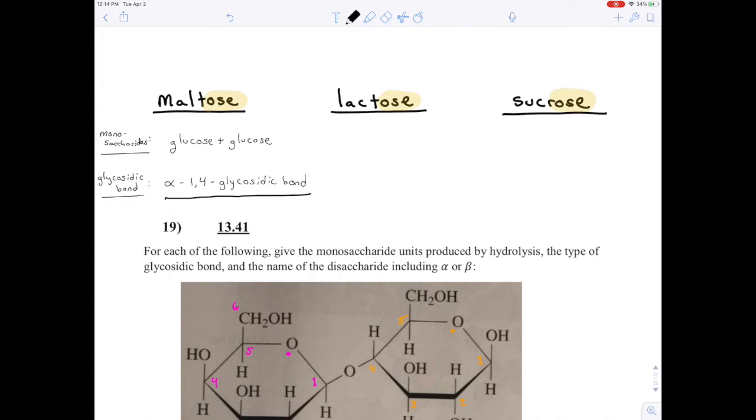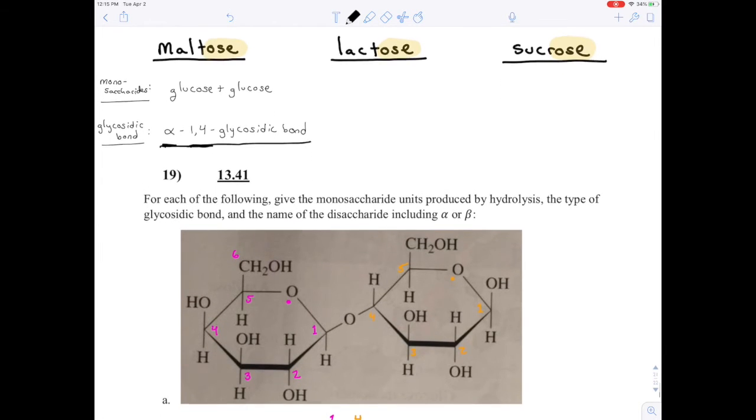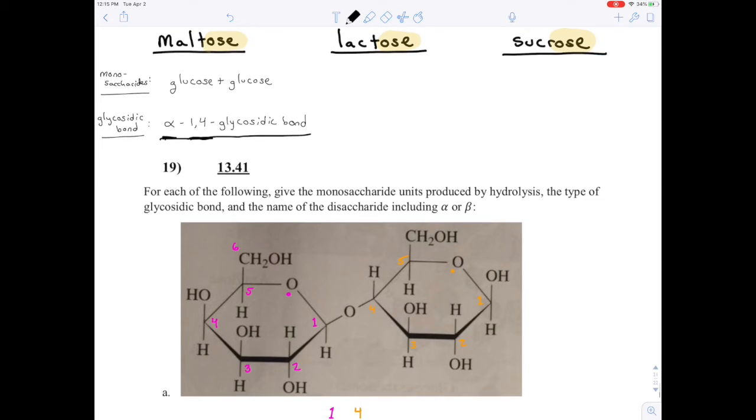Glycosidic bond means you're connecting 2 sugar rings. Alpha means that the oxygen between the two rings is going down, and the 1,4 means that it's connecting carbon 1 on the one ring to carbon 4 on the second. Okay, so that is maltose.